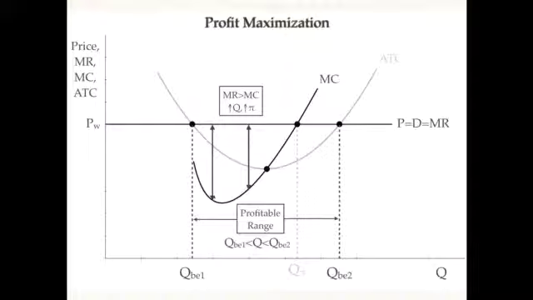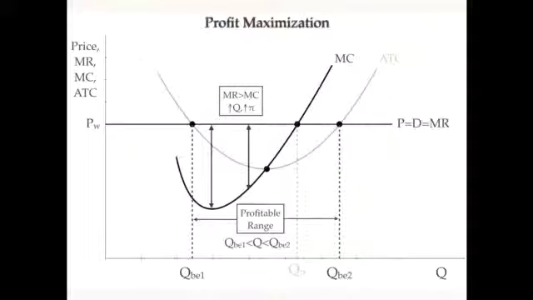Therefore, by producing that item, you're going to be bringing in more revenue than it's costing you to produce that item. Therefore, your profits are going to go up. So for all these Qs, you can see here that marginal revenue is greater than marginal cost until we get to the point where marginal cost intersects marginal revenue. So this area in here is additional profits that can be generated by increasing output from the first break-even level, going all the way up until we get to the profit maximizing output level.